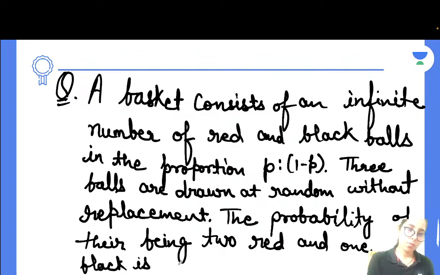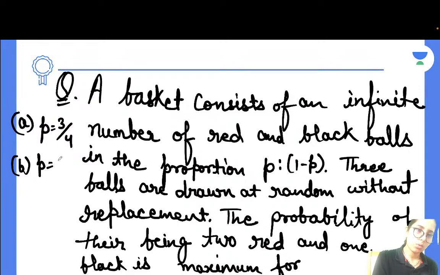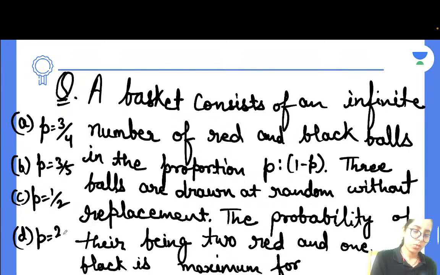Is a maximum for. Options are P is equal to 3 by 4, P is equal to 3 by 5, P is equal to 1 by 2, P is equal to 2 by 3.